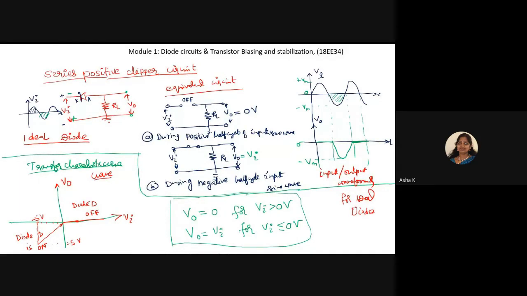Transfer characteristics curve for ideal diode. Okay, this is also ideal diode. Equivalent circuit for the series positive clipper circuit.